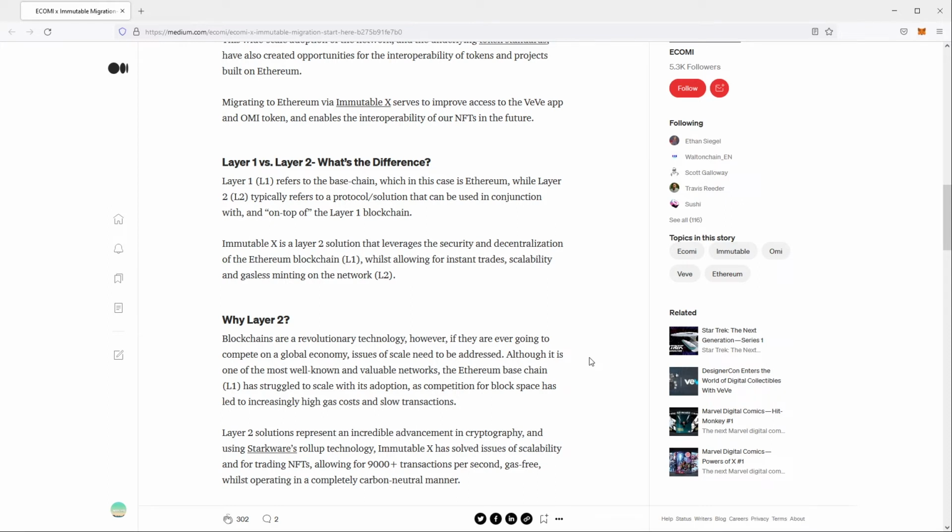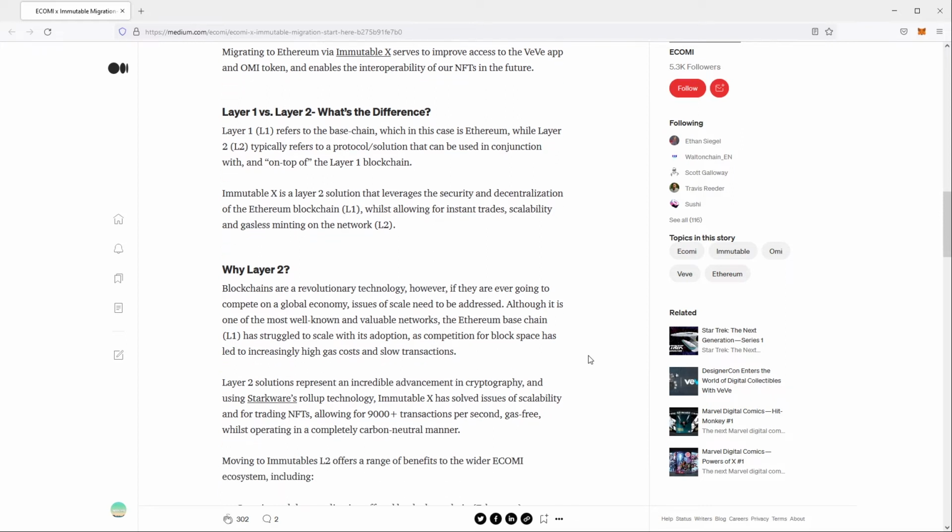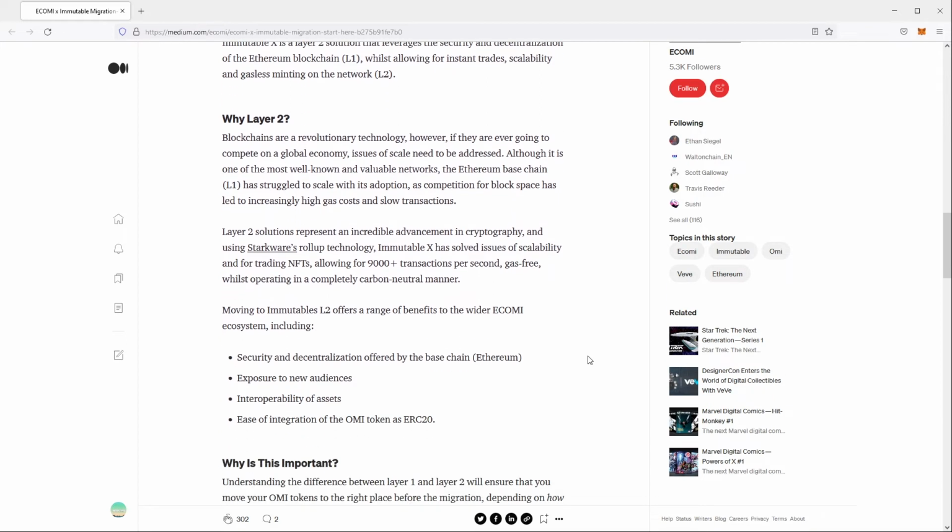So this is why they have layer two, and I think let's go ahead and read that part. It says: blockchains are revolutionary technology. However, if they are going to compete on a global economy, issues of scale need to be addressed. Although it is one of the most well known and valuable networks, the Ethereum base chain, layer one, has struggled to scale with its adoption, as competition for block space has led to increasingly high gas costs and slow transactions.